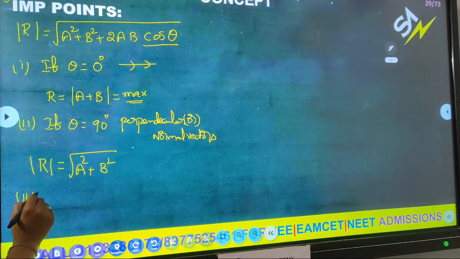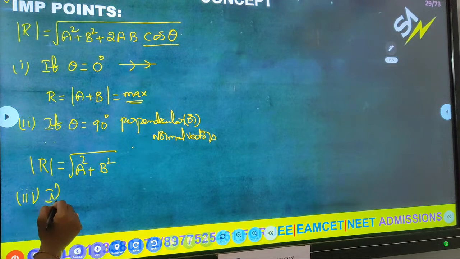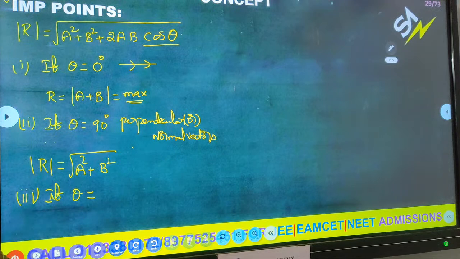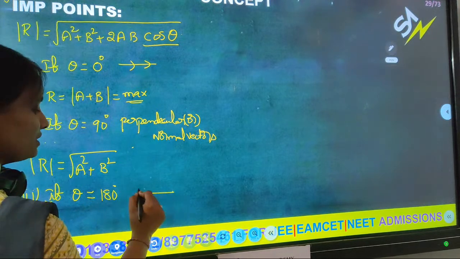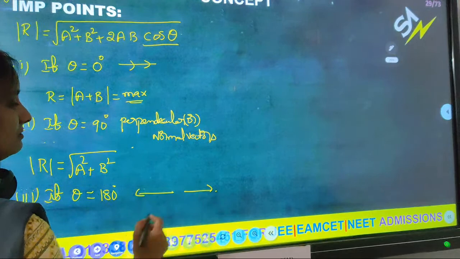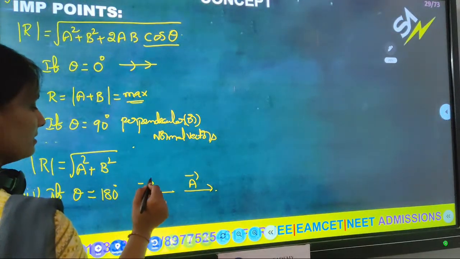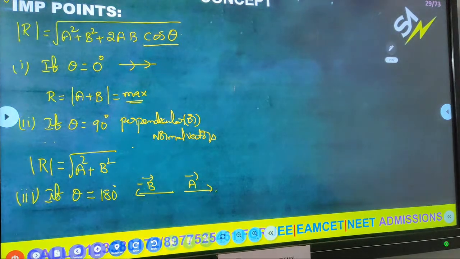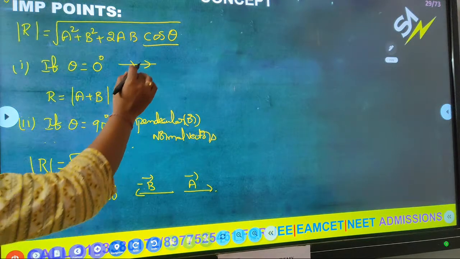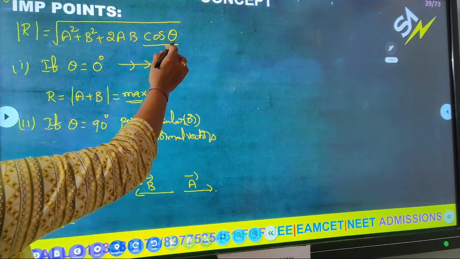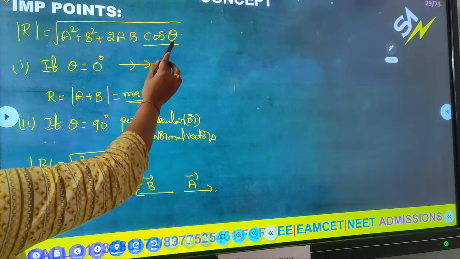And in the third case, we can take anti-parallel vectors or negative vectors. Theta is equal to 180, which means they are in opposite directions, A bar, and now B bar will be the negative vector of that A. Then the magnitude of the resultant will be, put theta value 180 here, cos 180 is minus 1.